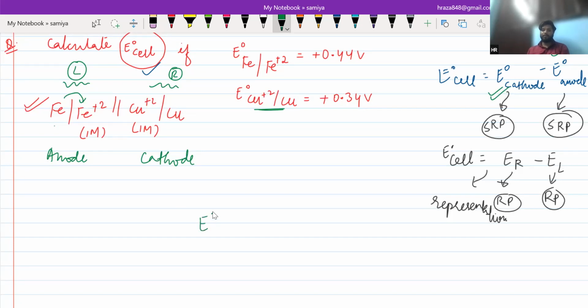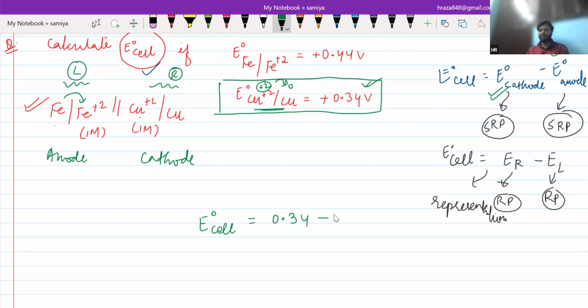Now let's go. E naught cell will be equal to, on the right hand side, copper. Before putting the value of plus 0.34, just check which type of E naught is given, a reduction potential or an oxidation potential. You can see Cu+2 is going to Cu, which means it gains electrons, so this value is for reduction potential.